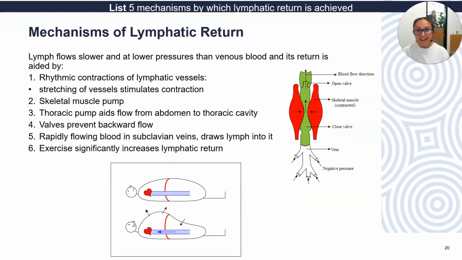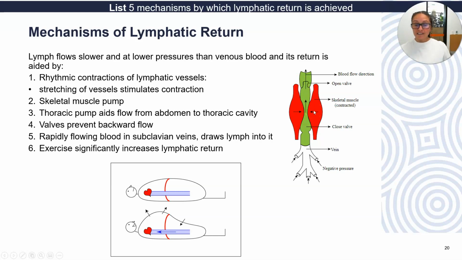Right, so how do we get lymph from our foot all the way up to our veins? Well, exactly the same way that we get blood all the way up there. Lymphatic vessels contract. Lymphatic vessels have valves. We have skeletal muscle pump. We saw this before.